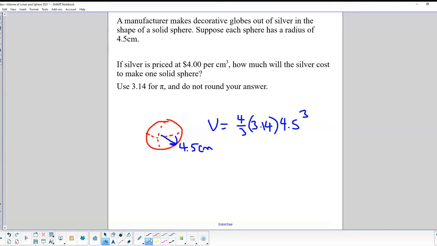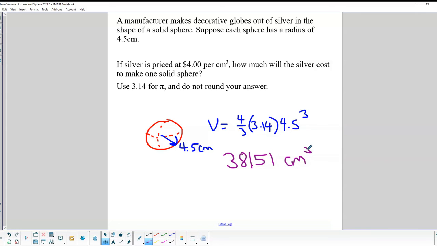And our amount is going to be 381.51 centimeters cubed.